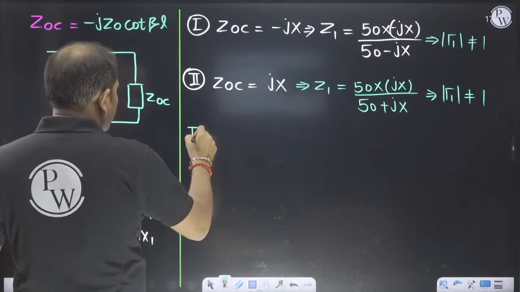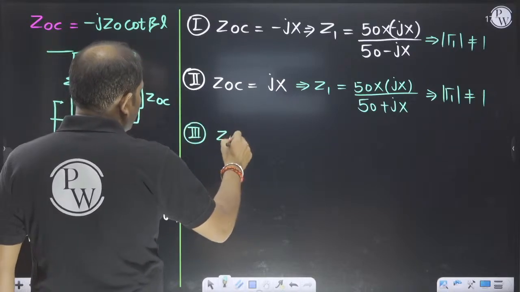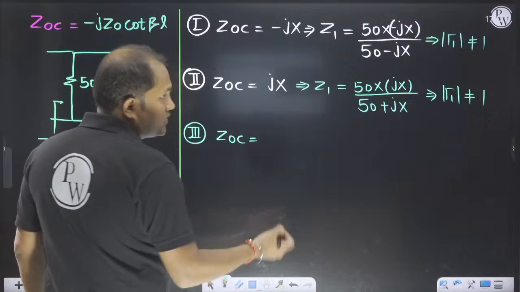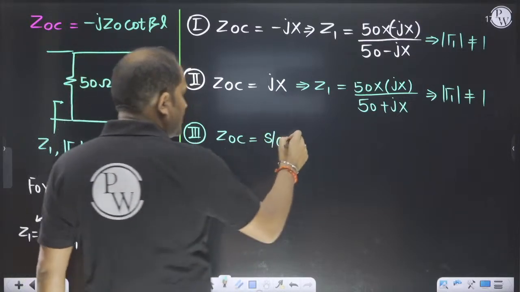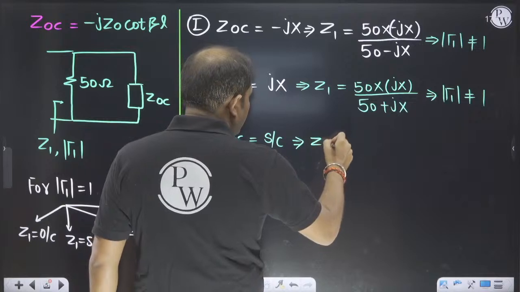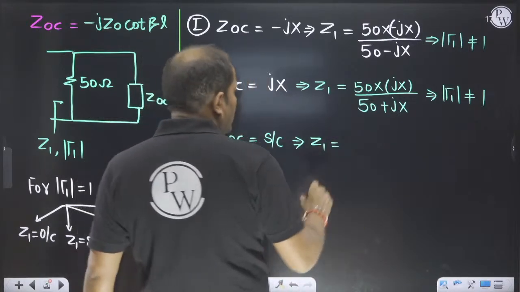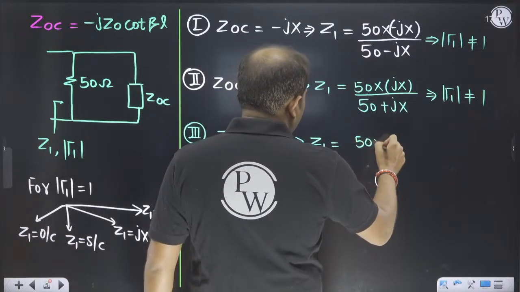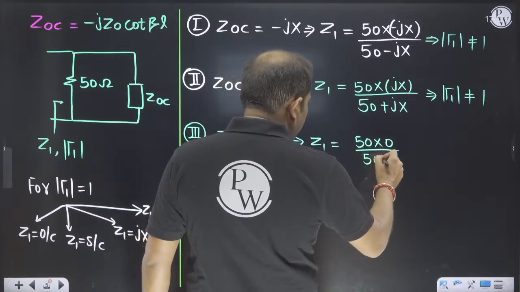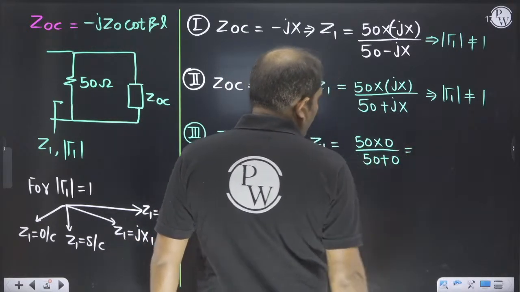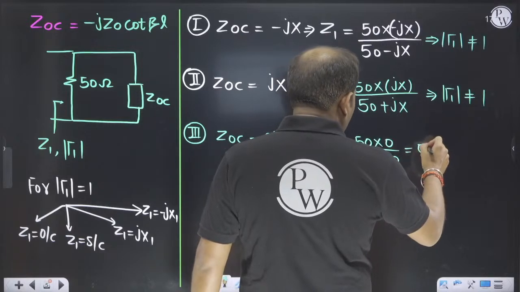Then we have third case, ZOC is equal to short circuit. In this case, Z1 will be equal to 50 into 0 divided by 50 plus 0. So you will get 0.